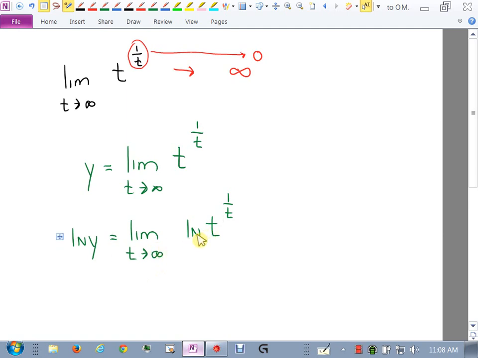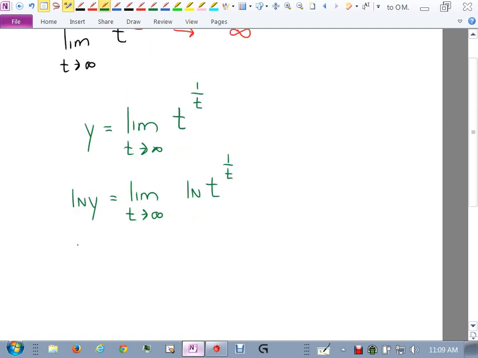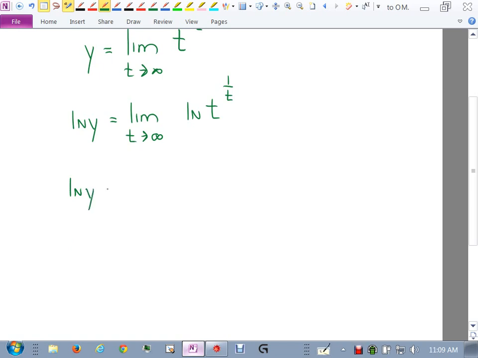Because there's a property of logs that says if I have log of something to a power, I can take the power out front, can't I? So that power is going to drop out in front. So what I get is natural log y equals limit as t goes to infinity of natural log t over t. That 1 over t out in front really means there's just a t on the bottom, right?